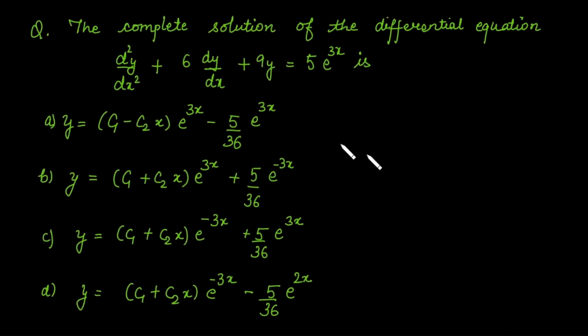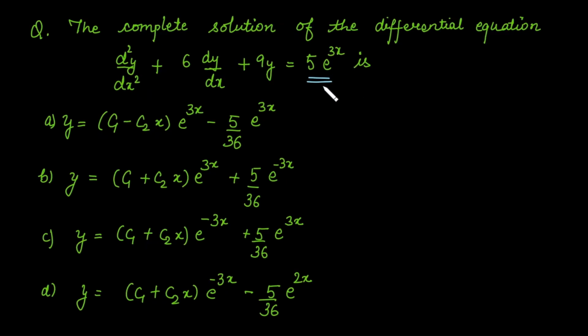The first question is, what is the complete solution of this differential equation? You can observe it is written as a general solution because it contains the constants as well as one additional term, that is a particular integral. So we need to calculate both. Before calculating the answer, observe the right hand side. It is 5 times e raised to power 3x.